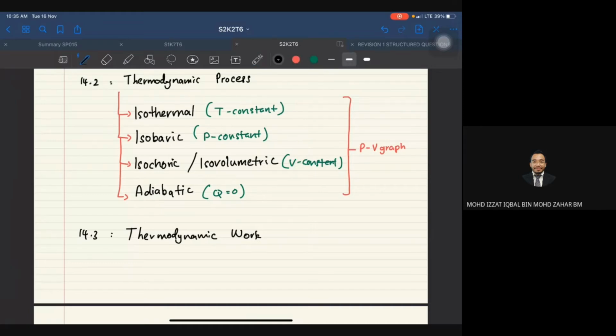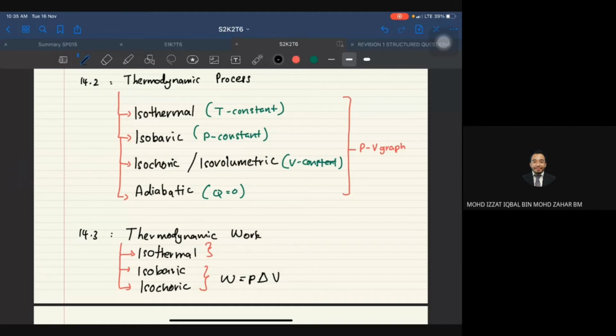So work ni kita ada for isothermal, isobaric, and isochoric. Okay, yang these two pakai formula sama. Okay, yang satu ni dia pakai equation lain sikit, dia ada ln.